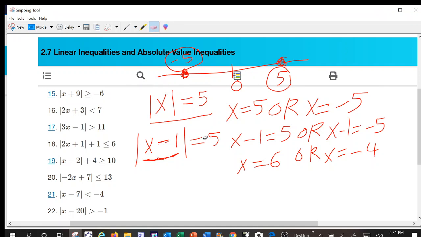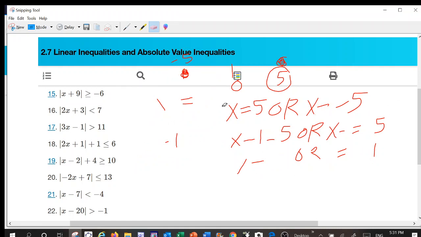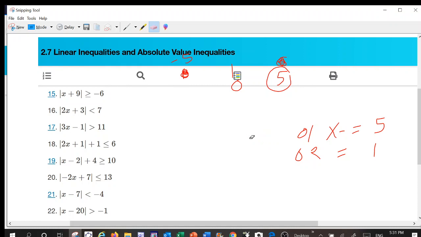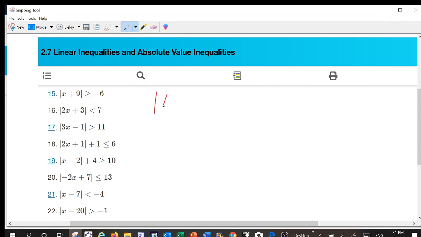Now, what does it mean to solve an absolute value inequality? So let me get rid of this quickly and then talk about absolute value inequality. What does it mean when I say absolute value of x is less than 5? Well, that means I'm looking for numbers whose distance from 0 is less than 5. I can put an equality here too, it doesn't matter.